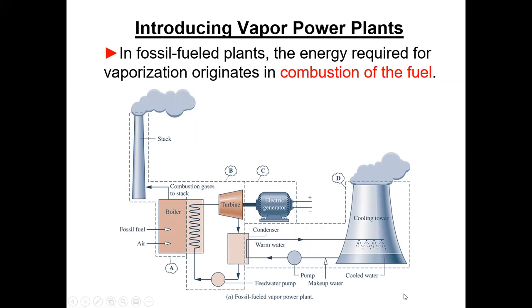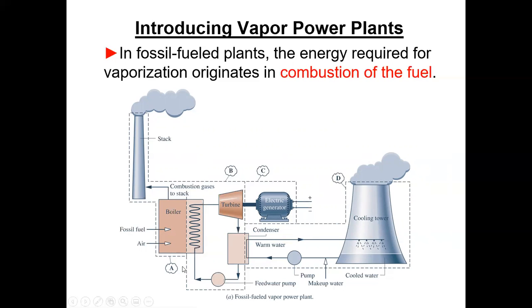Okay, in fossil fuel plants, the energy required for vaporization originates in combustion of fuel. And so this is one of our diagrams. Figure 8.1 goes on, takes up about 2 pages, so this is out of that figure.